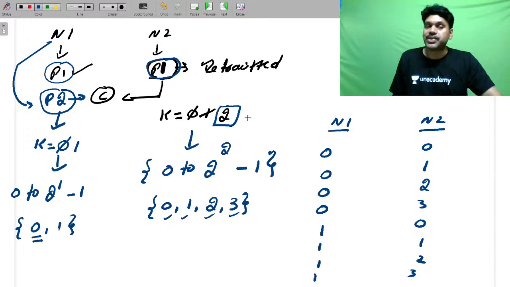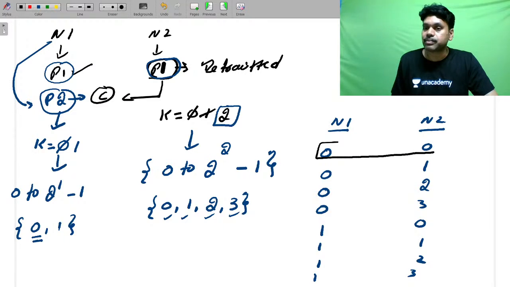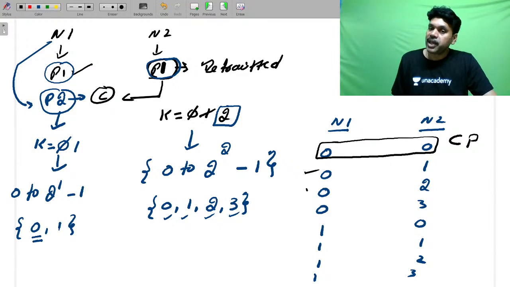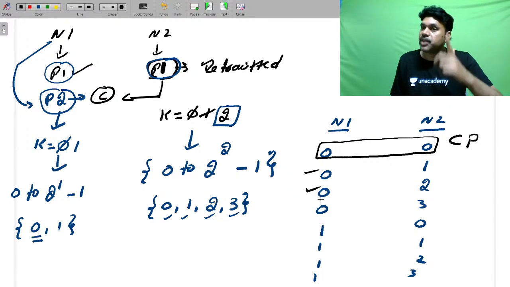Okay, let us see what will happen if they choose the first combination. If they choose the first combination, it is a collision. If they choose the second combination, N1 waiting time is 0. If they choose the third combination, N1 waiting time is 0. If I choose the fourth combination, N1 waiting time is 0.